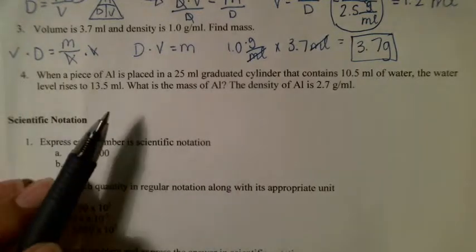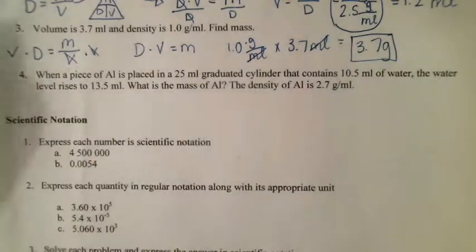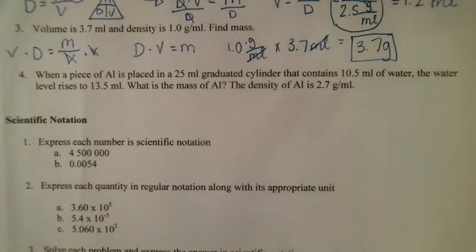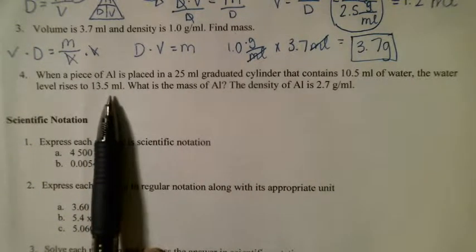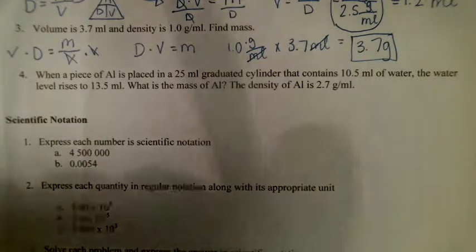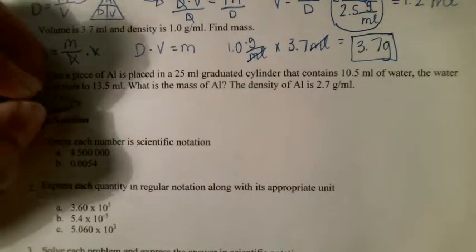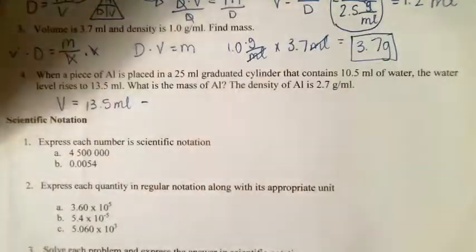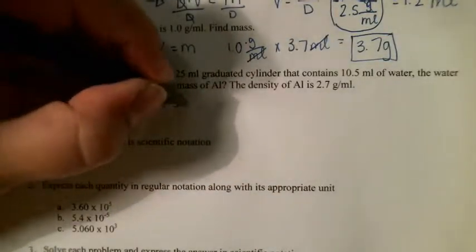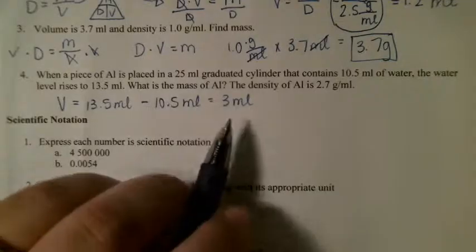Okay, so the initial volume of water is 10.5 milliliters, and then we add the object in the cylinder. The water level rises, and it rises to 13.5 milliliters. That's just water displacement, and a lot of you did that to measure the volume of your gummy bears with the Gummy Bear Lab. So to get the volume of the aluminum, volume would just be 13.5 milliliters minus your initial volume, which is 10.5 milliliters. And that would be 3 milliliters. Okay, so now we do have the volume.